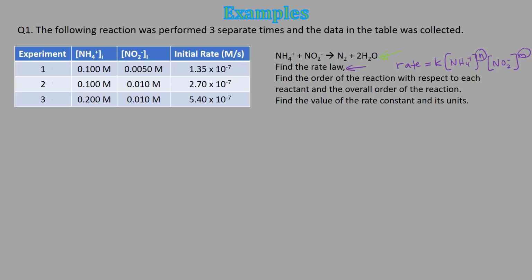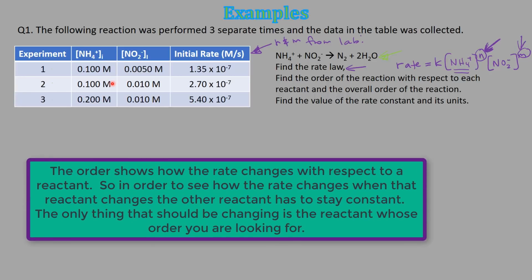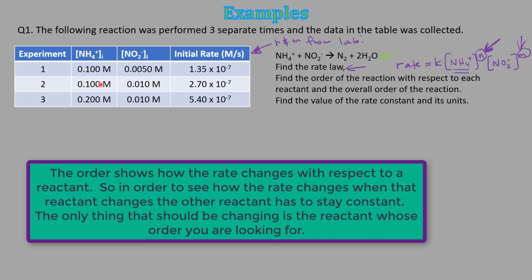So I have to find this from this experimental data. So N and M from lab data, okay? And so this is the lab data that we got. In order to find N, I need to look at the lab data where ammonium changes, but nitrite is staying constant. If I look at 1 and 2, ammonium's not changing.